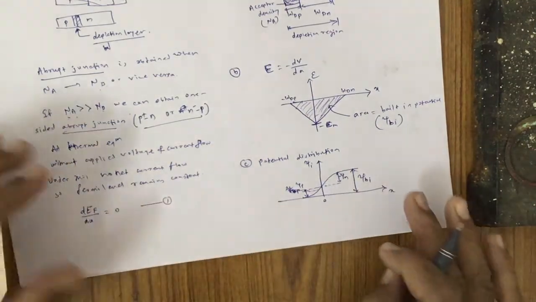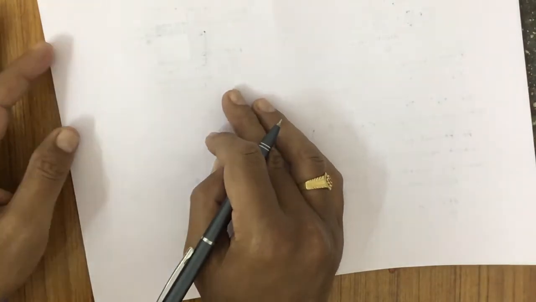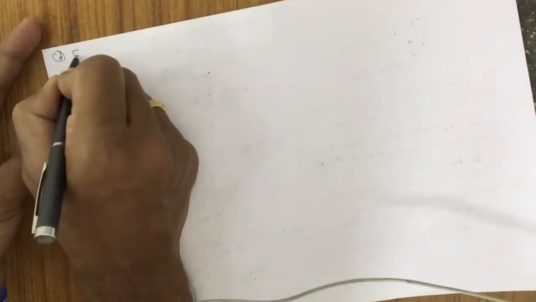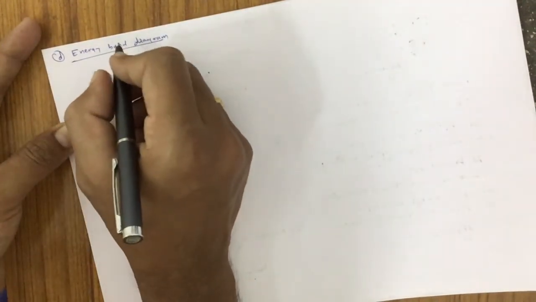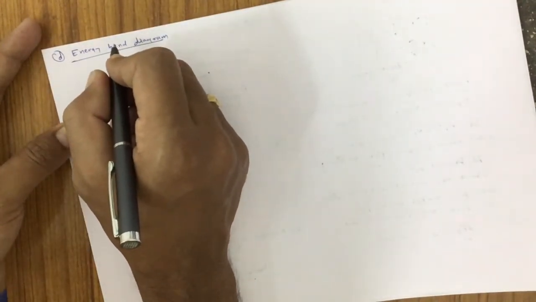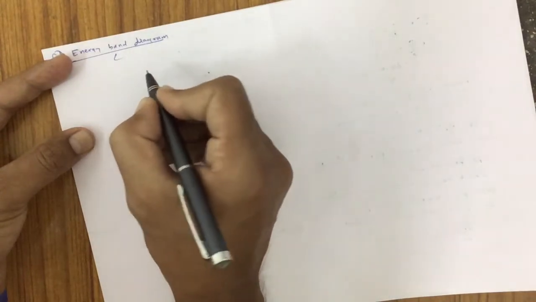And the last diagram, which is again quite important, is the energy band diagram, the E-k diagram as we generally call it. I am trying to draw this diagram here as well.